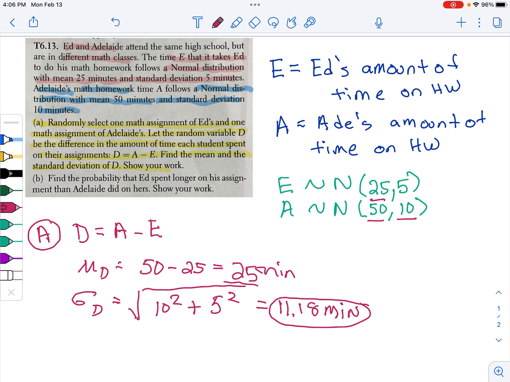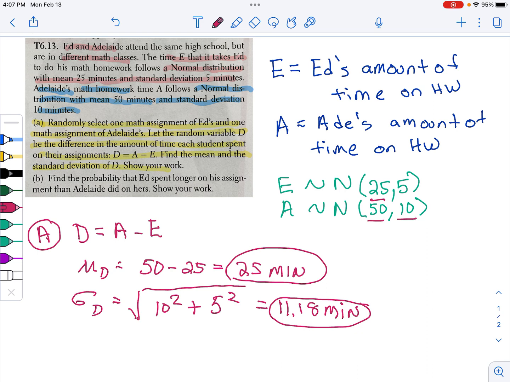And it's a 25-minute mean difference. So that is the answer.